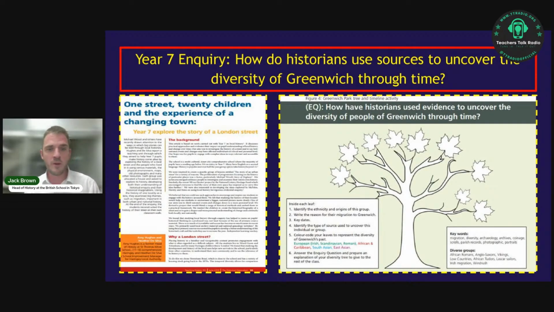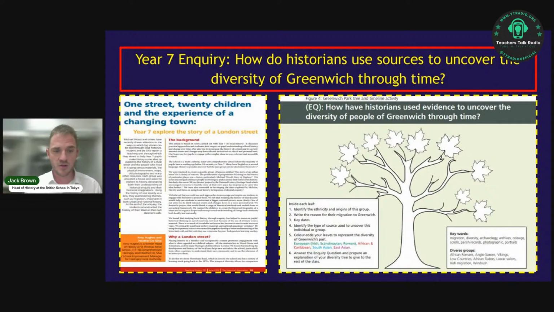So we were greatly inspired by another article that basically used a street through time. Now, if you wanted to do this, you could obviously use a street. We actually decided to use Greenwich Park. The reason why we chose Greenwich Park was because it is just full of layers and layers and layers of history, and it is a fantastic site to use. So Greenwich Park has Roman ruins of a temple.